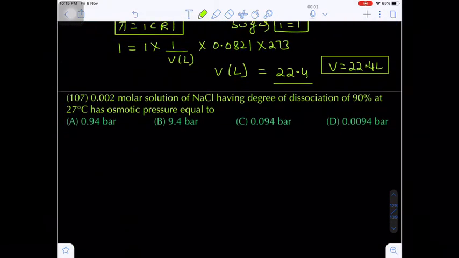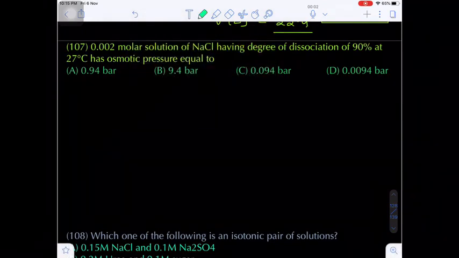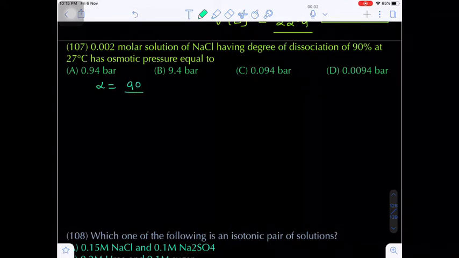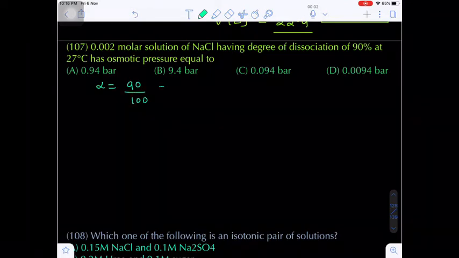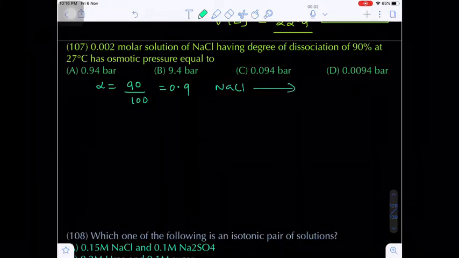Okay. Now question number 107. A 0.002 molar solution of NaCl having a degree of dissociation of 90% at 27 degrees Celsius. Find the osmotic pressure. Now first of all, what is alpha, the degree of dissociation? 90%, in the sense alpha value 0.9. Do you know how NaCl dissociates in water? As a Na plus ion and a Cl minus ion.